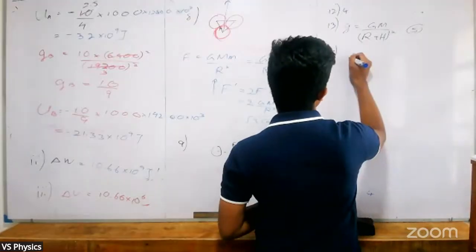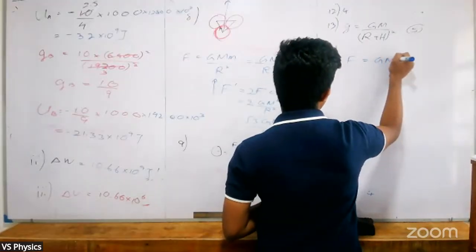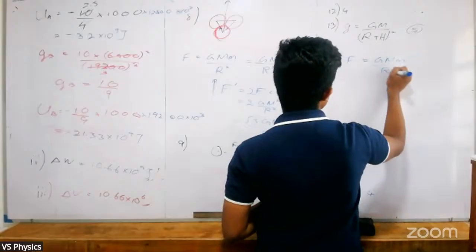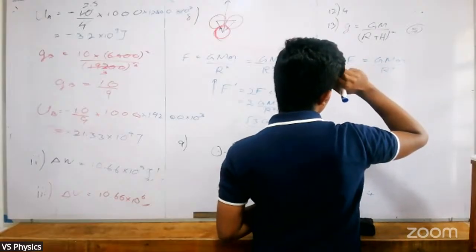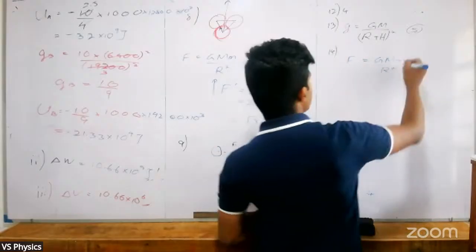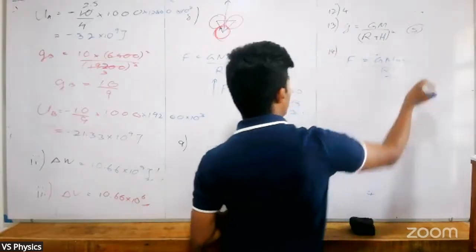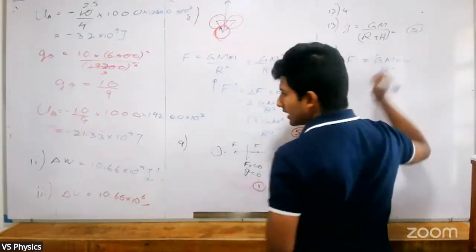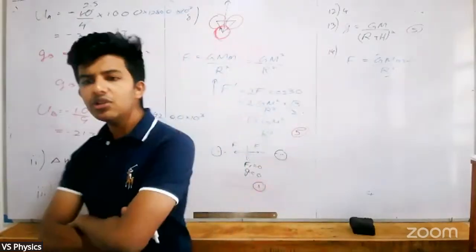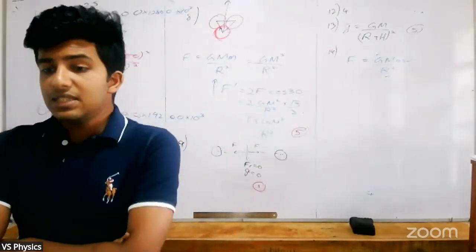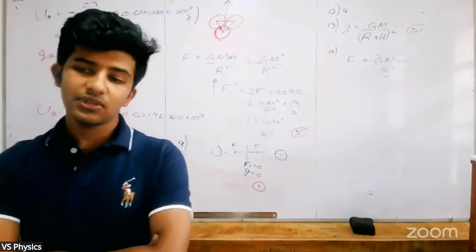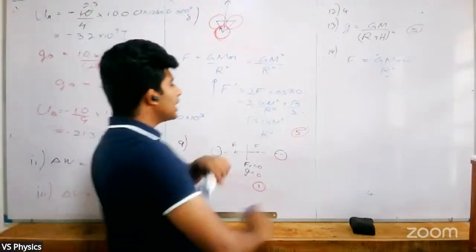So F is equal to GMm over r square. Okay, we have a problem now. We know m, g and r square. No problem, but we don't know the capital M. We only know the density of the planet. Then we have to shift that to the density.